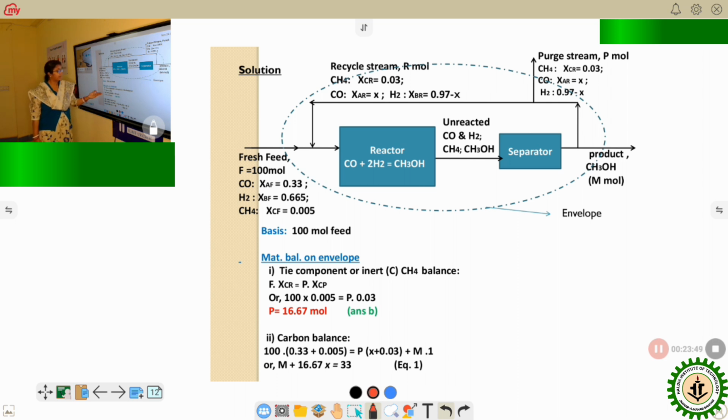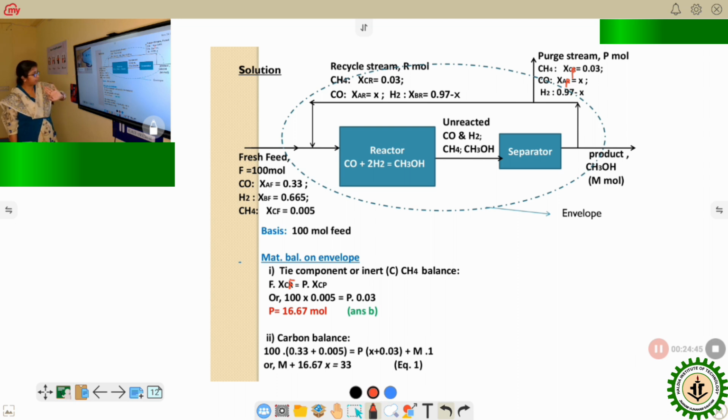Putting the value of F, that is 100, and XCF, it will be 0.005, and the P value is unknown, P moles, which is to be evaluated here, P into 0.03.